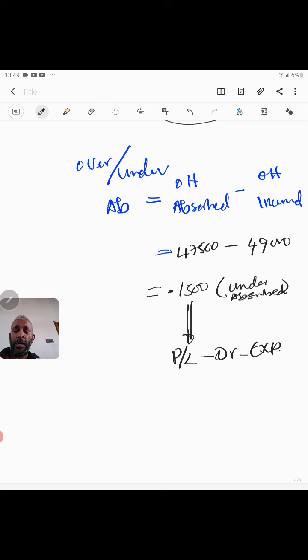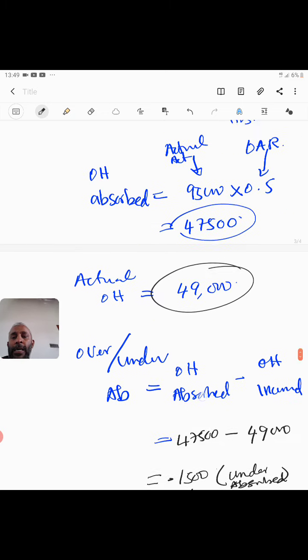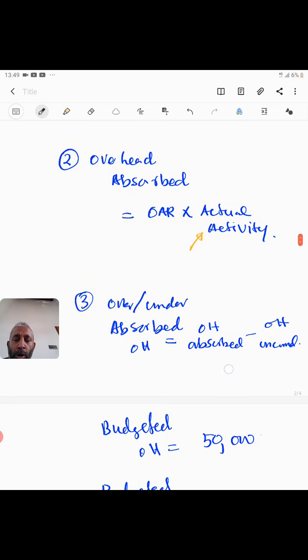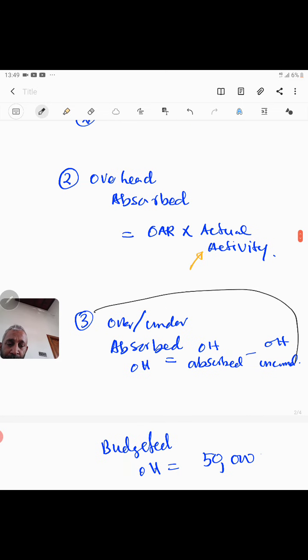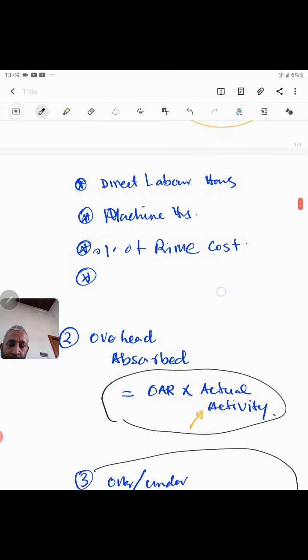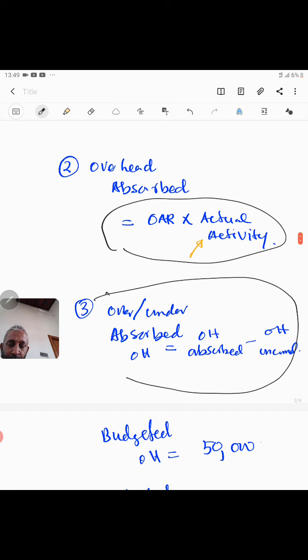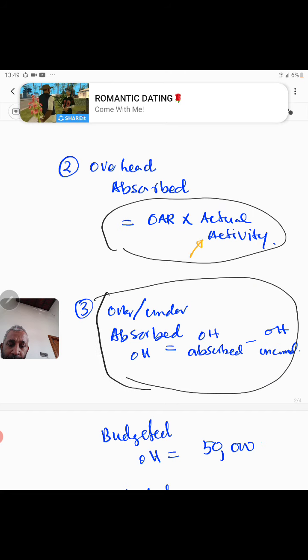So this is a summary of the 3 steps belonging to overhead absorption, where you have to calculate the overhead absorption rate, then calculate the overhead absorbed, that is the second step. The third step would be to calculate over or under absorption, which is this.